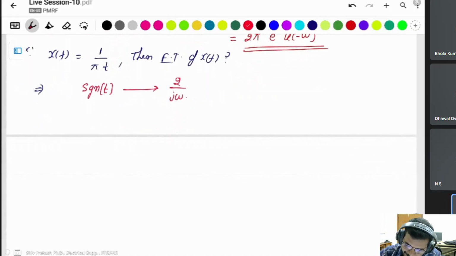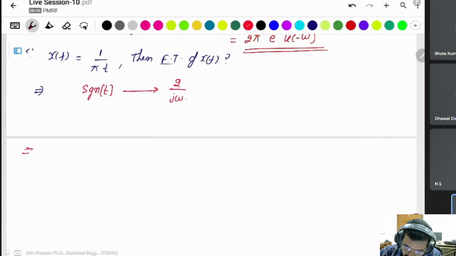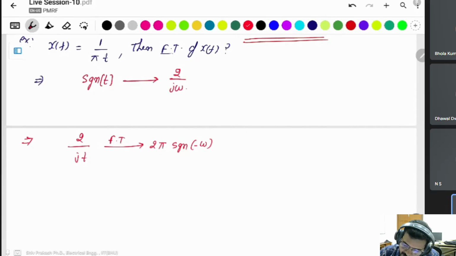Asked about 1/(πt): we have 2/(jt), simply replacing ω by t. Then the Fourier transform of this one will be 2π x(ω), which is signum of -ω. That's it. But in the question it is 1/(πt), so 2 will be cancelled out on both sides.